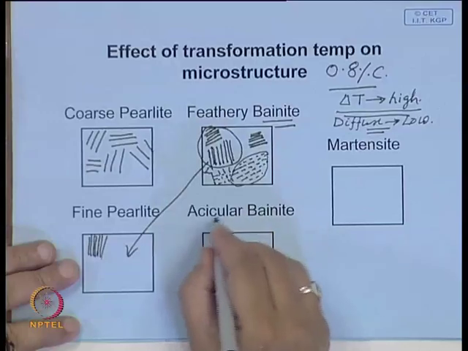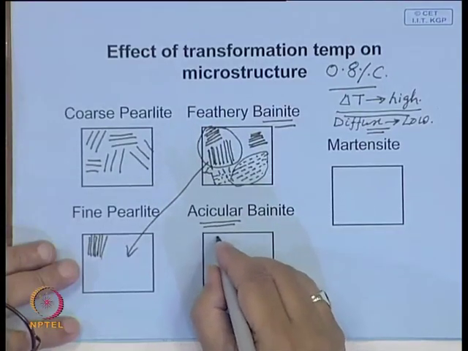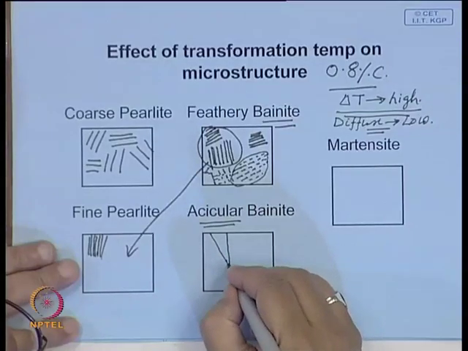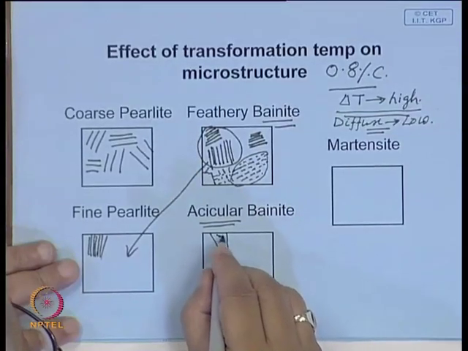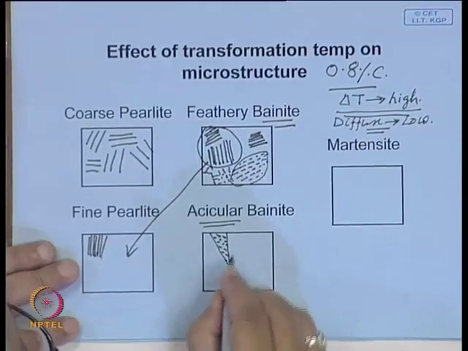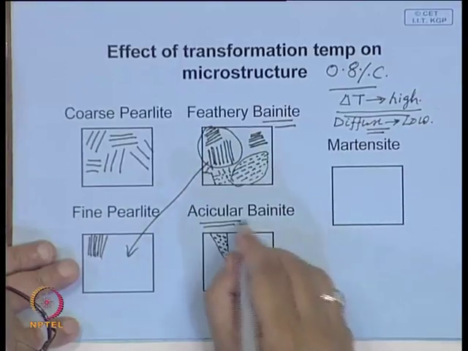And again you have another kind of bainite. Here you have some platelets of ferrite nucleating, and then some types of carbide. These are metastable carbides, even finer, and this type of structure is called acicular bainite.